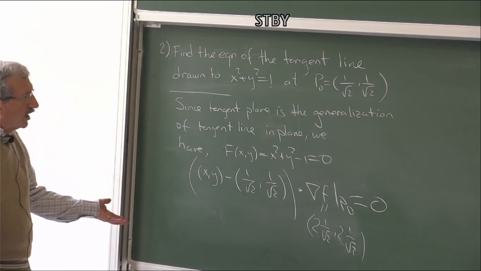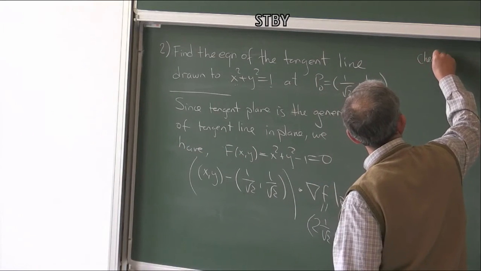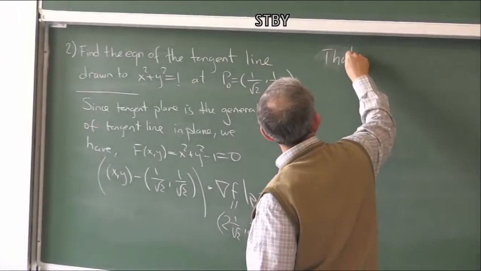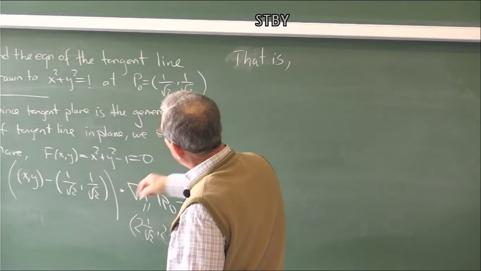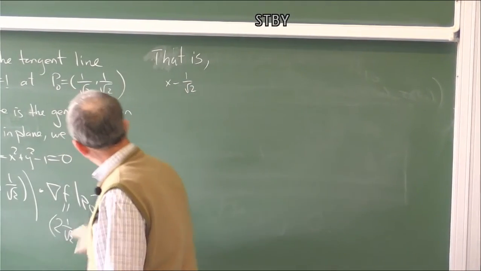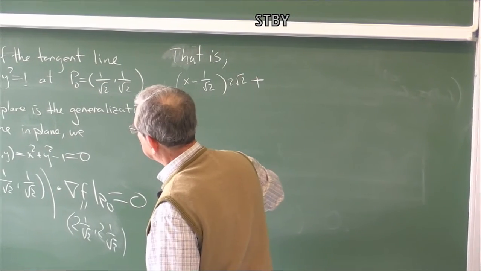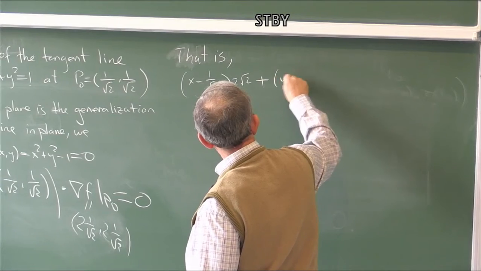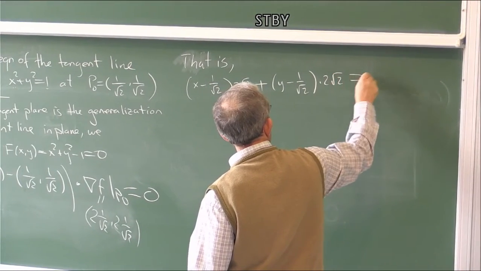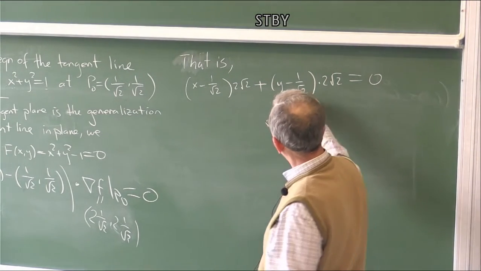Well, is it really so? Let us check. Well, let me first simplify it. We have x minus 1 over root 2, times 2 root 2, plus y minus 1 over root 2 times 2 root 2 is 0. Of course, here I can use 1, 1.